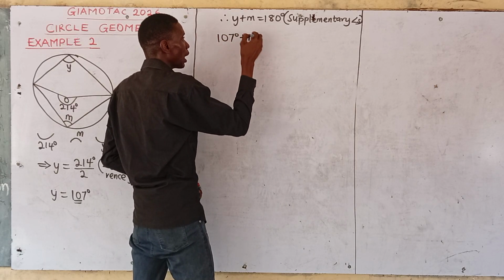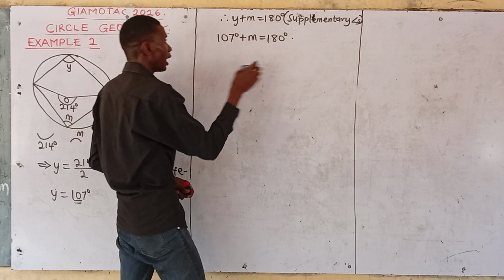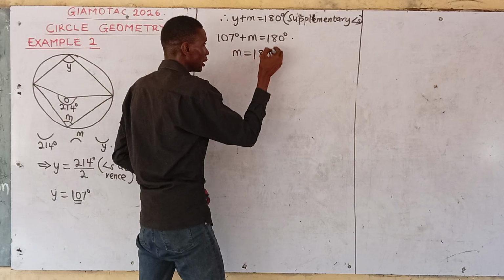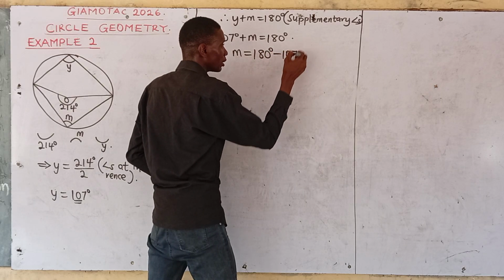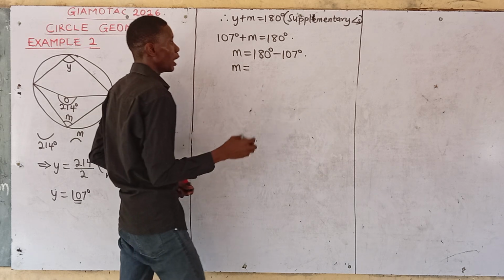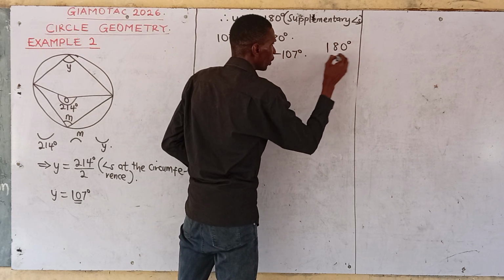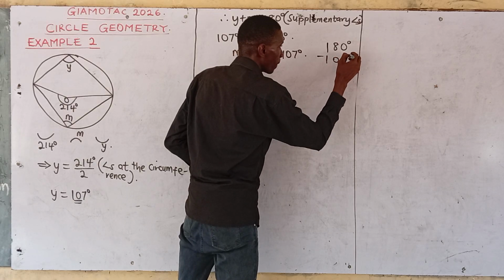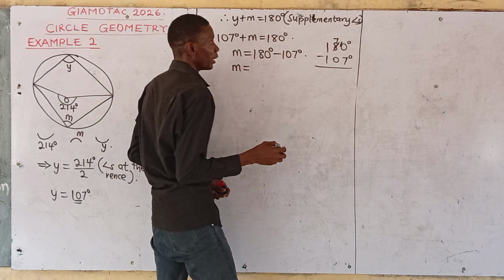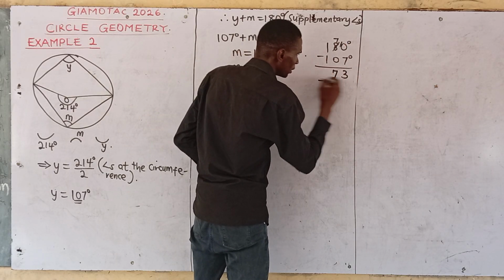This implies that 107 degrees plus m is equal to 180 degrees. Collect the like terms. My m is going to give me 180 degrees minus 107 degrees. What will be my m? My m is going to give me 180 minus 107. This is giving me 7, this will be 10, 10 minus 7 will give me 3, and this will give me 73.